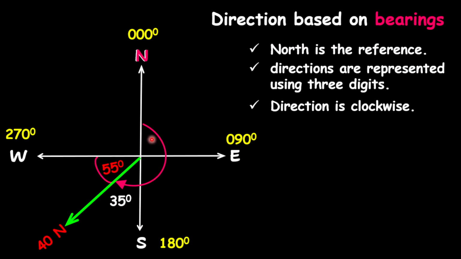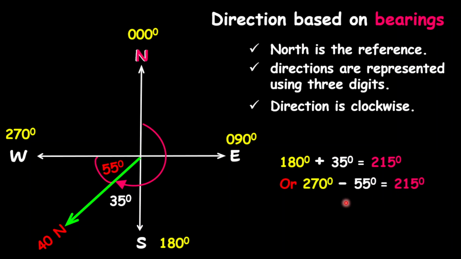We know from the north to the south is 180, so we can calculate our bearing as 180 plus the 35, which gives us 215 degrees. Or you can simply say 270 degrees, which is here, minus the 55 degrees, which still gives us 215 degrees. So this vector based on bearing would be 40 newtons at a bearing of 215 degrees.